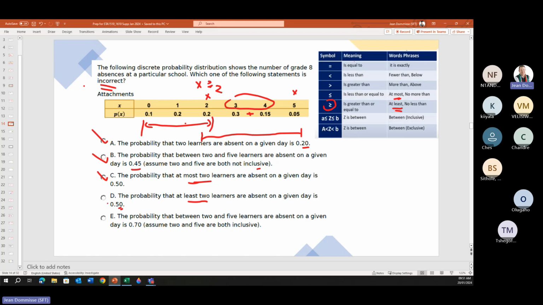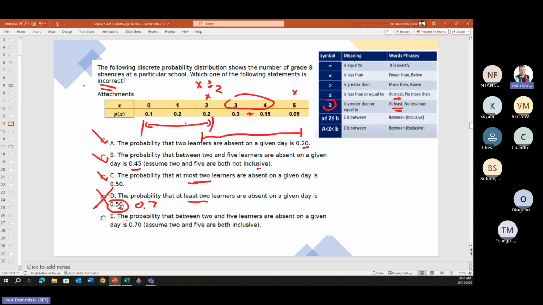Okay, they say it must be 0.5. So that is the wrong one. It should be 0.7. So if it was at least 3, it would have been 0.5. But at least 2, we need to include 2.